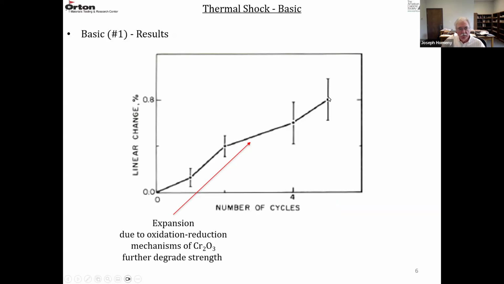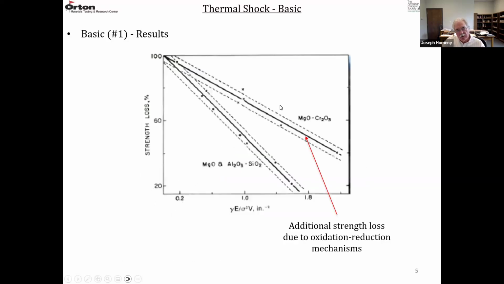So this is 5 cycles, and this is for the mag chrome material. They actually saw linear change, 0.8%, due to this oxidation reduction mechanism where the Cr ion changes oxidation state. And that just degrades the strength because of this damage and the linear increase in the dimensions of the sample. So that is probably part of the explanation why this has worse performance.